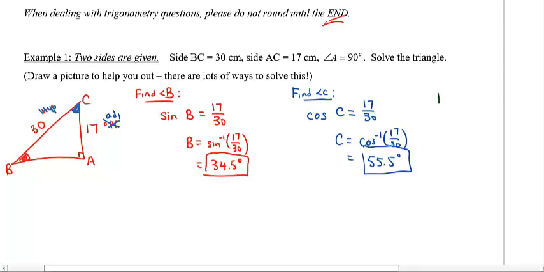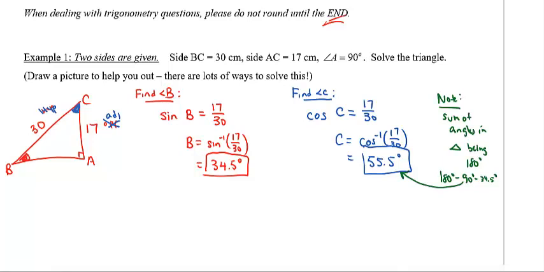Note, you could have also found angle C by using the sum of the angles in a triangle being 180 degrees. You could have taken 180, subtracted 90, and then subtracted your angle B, 34.5. That also would have given you C. So once again, lots of ways to do this.